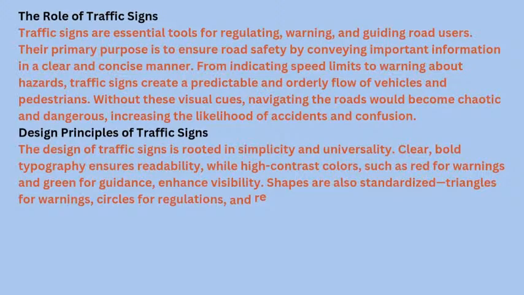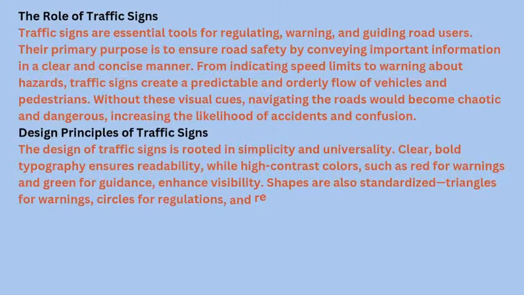The science behind placement. The placement of traffic signs is a meticulous process guided by engineering principles and road user behavior. Signs are positioned at locations where they can be easily seen and understood in time for drivers to act. For example, warning signs are placed before curves or intersections, giving drivers ample time to adjust their speed.